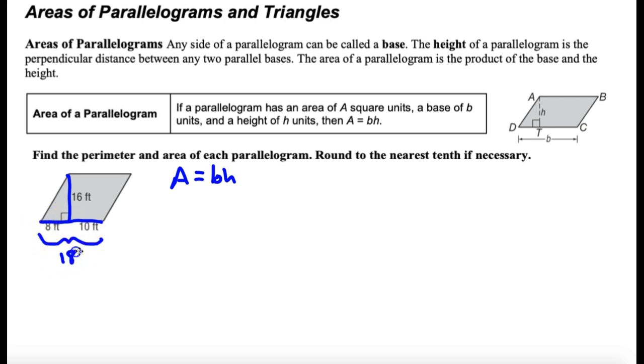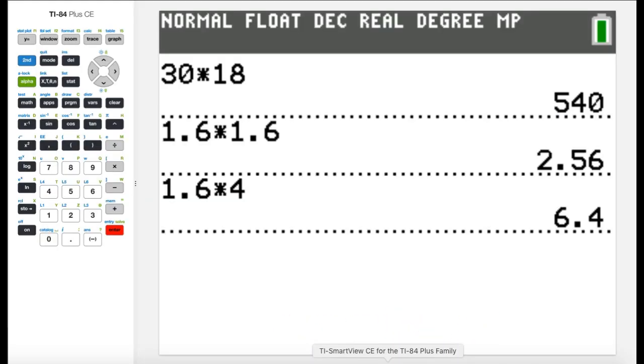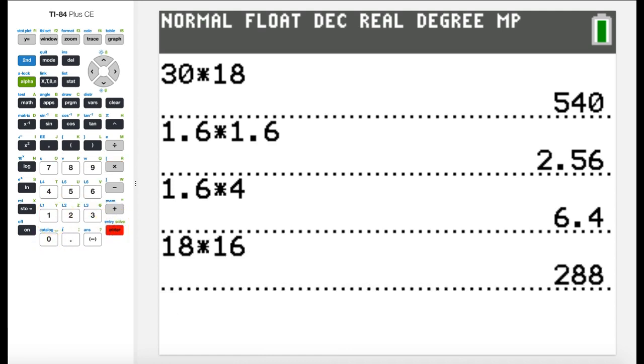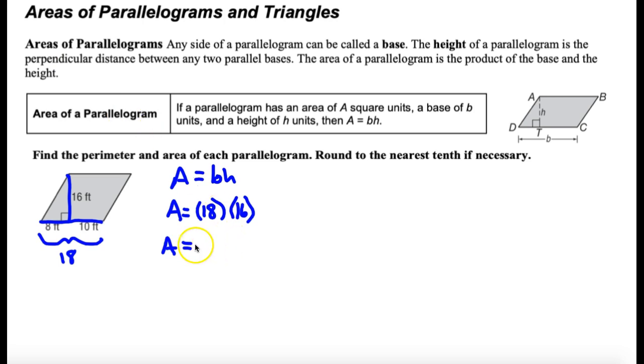So the entire length of the base will be 18. And then the height we are given is 16. So my area, 18 times 16, gets me 288. So my area is 288 square feet.